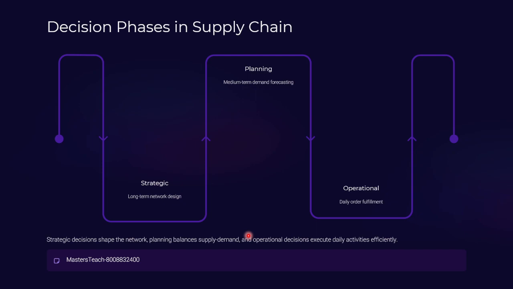Planning, it is the medium term, and on forecasting they are going to do the same. Then operational, it is day to day operation, in order to fulfill the daily order things. So strategic decisions shape the network, planning balances the supply and demand, and operational decisions are executed daily effectively.